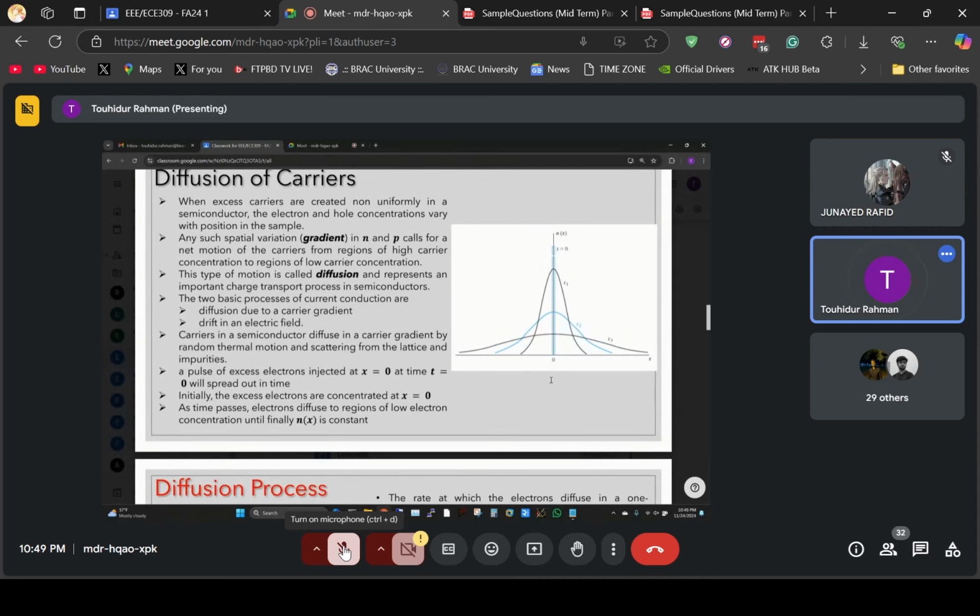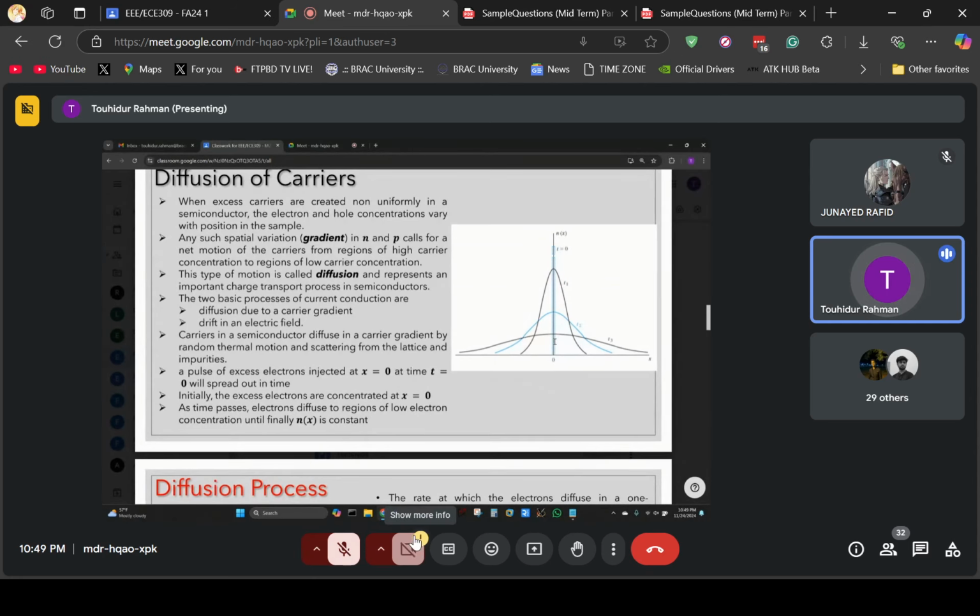If we consider that as a leakage current, then the capacitor will discharge to zero after a particular period of time. So consider recombination as a leakage also. Because we will have leakage, the carrier concentration will die down to zero after a certain period of time.